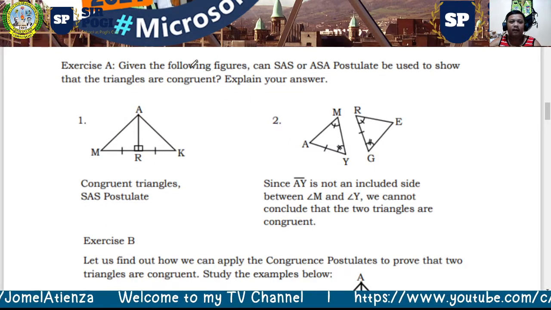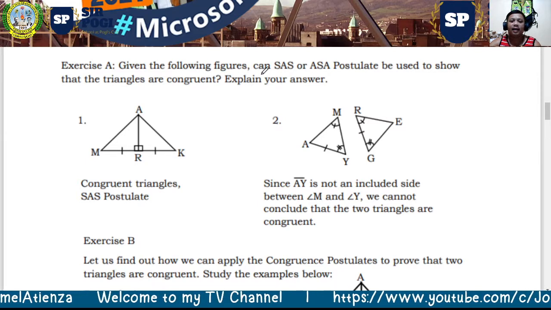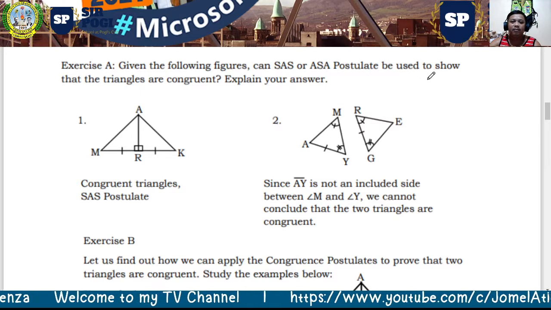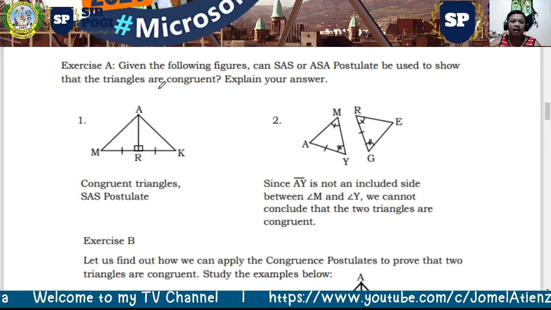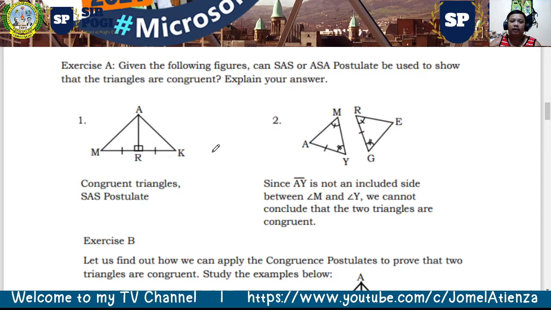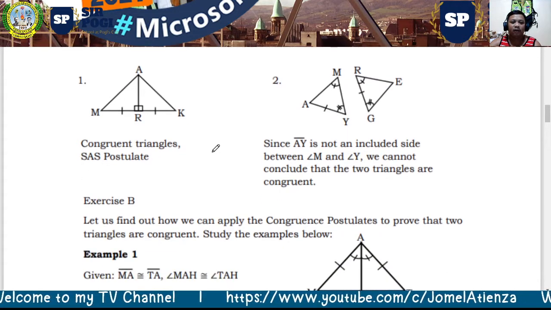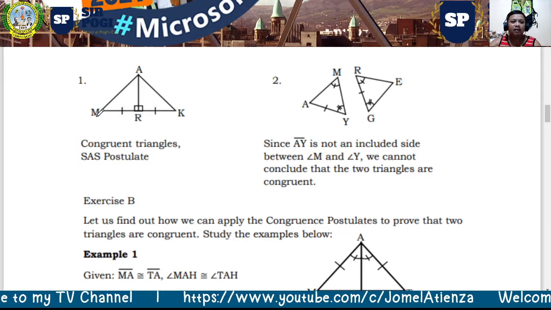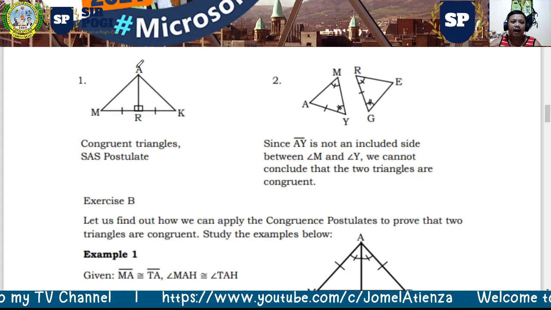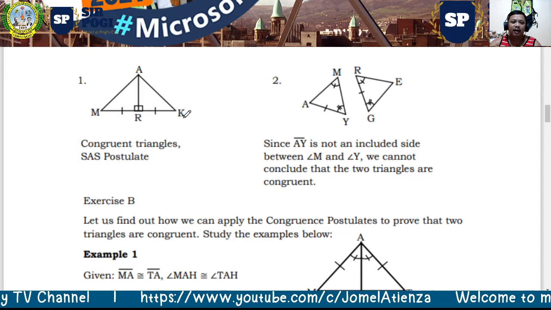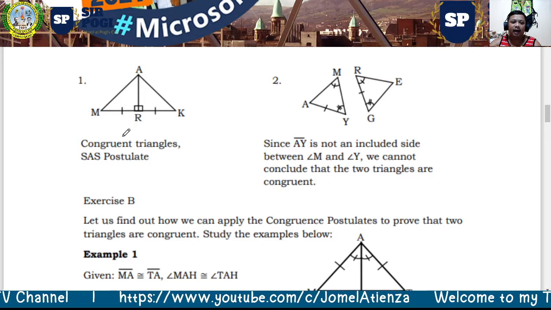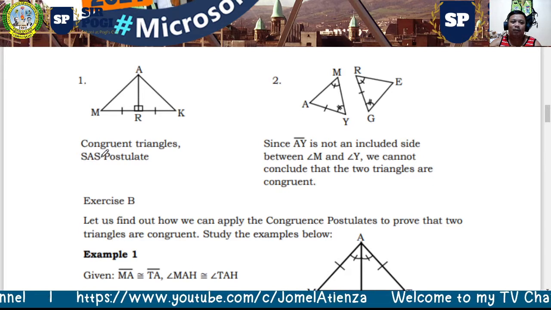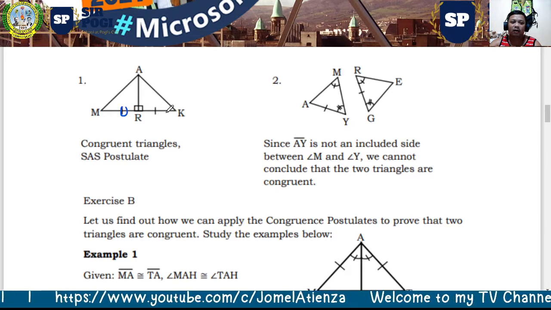Given the following figures, can SAS and ASA postulates be used to show that the triangles are congruent? So, explain your answer. So, for number 1, we have triangle MRA and triangle KRA. And that is by means of side-angle-side postulate. Ito yung kanyang corresponding parts.